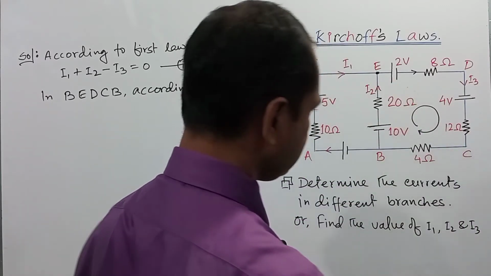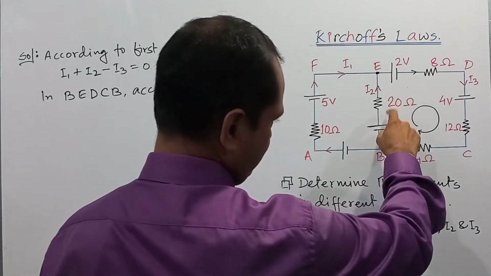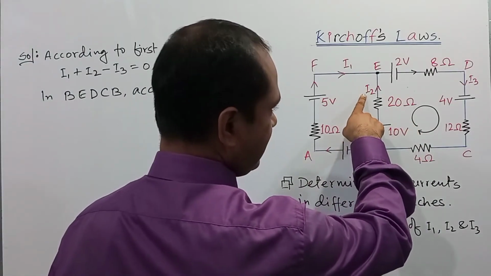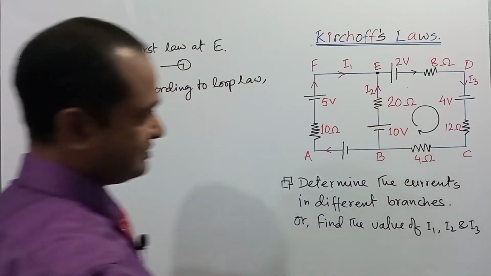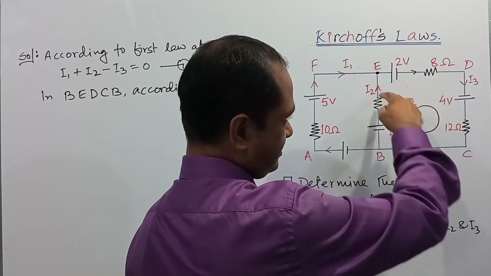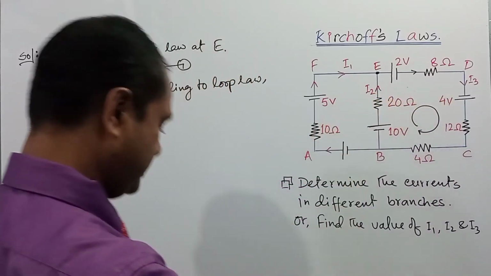So if we start from the branch here, the current is I2 and the resistance is 20 ohm. This direction of the current is clockwise, so it will be taken as positive.